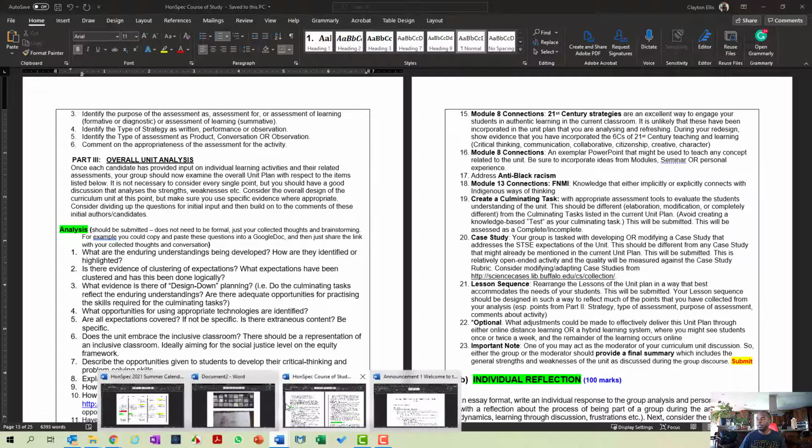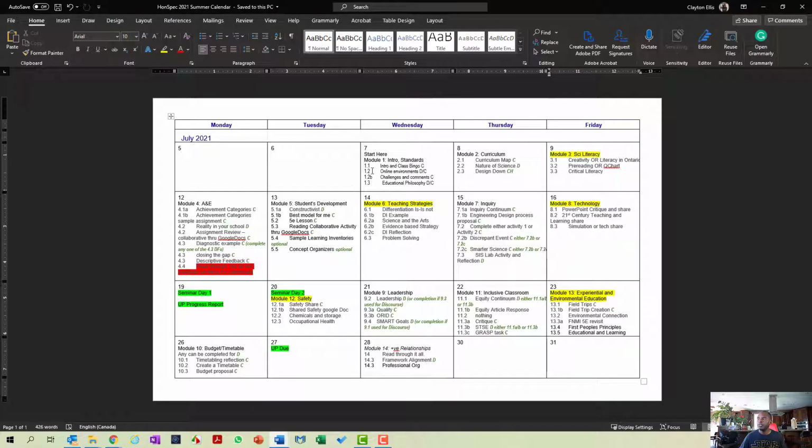Going back to the calendar, you'll see that the first week is short. You'll have the weekend to get your mind focused on all the stuff that the course entails. Week 2 is pretty intense, but there are 2 days when you're not submitting discussions. Then week 3, which is the second last week of the course, is when your unit plan progress report is due and when the seminars happen.